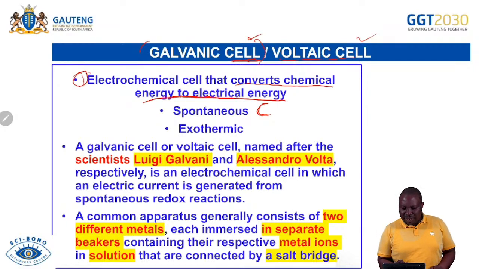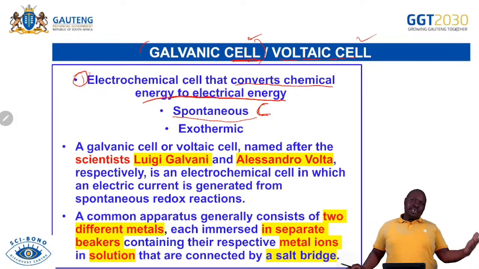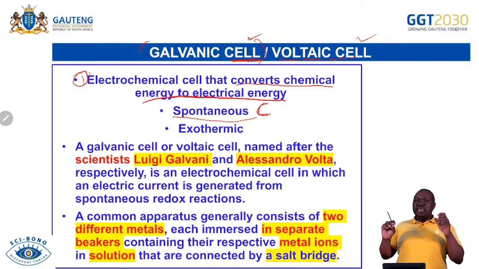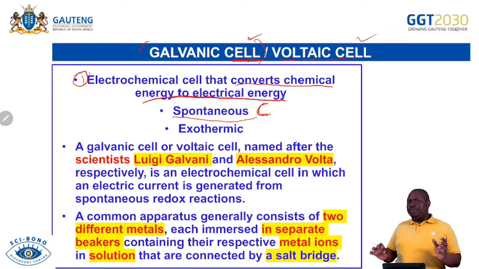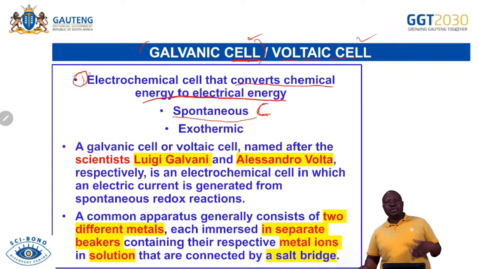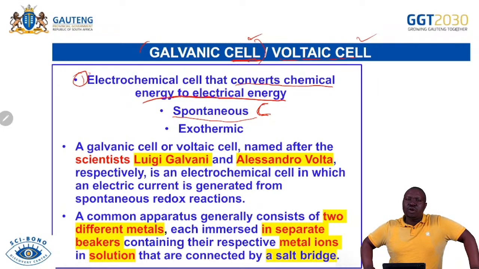So hence we refer to it as spontaneous. We don't push it. It happens spontaneously. Metals will simply lose electrons and non-metals gain. Maybe you might be thinking, is this redox reaction happening amongst only metals and non-metals? No. You will have two metals. For example, our favorite galvanic cell is called the zinc copper cell.